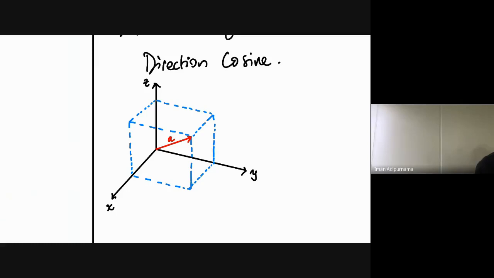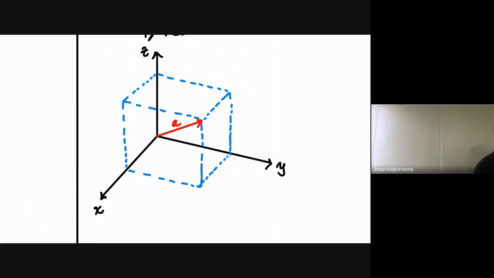Now, what do direction angles mean? In this three-dimensional space or coordinates, if we define this vector A, then we can define the angle from each axis. For example, we can define the angle from x. Let's say the angle from x is alpha.